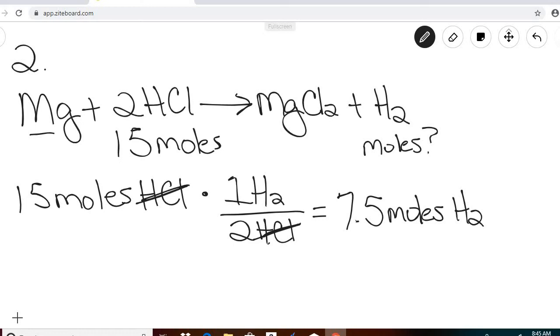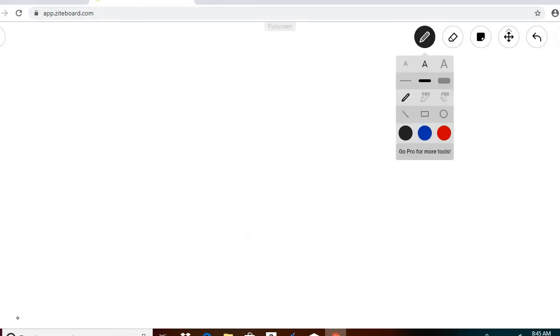And 2 significant figures because the 15 has 2 significant figures. So that's, again, one where you started in moles, so you can go right into using the ratios of stoichiometry.